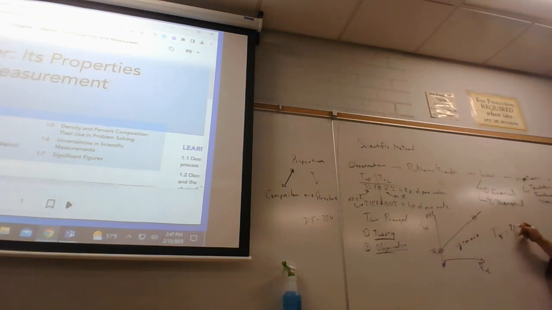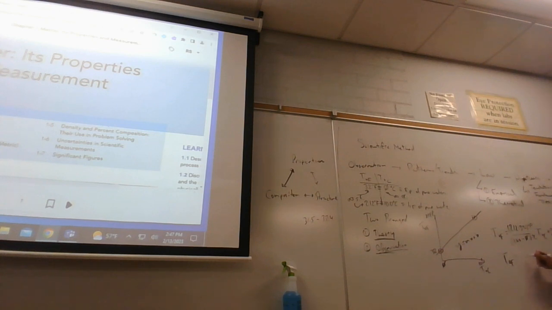So delta y will be 212 minus 32 degrees Fahrenheit over delta x. Delta x is going to be 100 minus 0 degrees Celsius. So that's my slope, times x. X is going to be the temperature in degrees Celsius plus the y-intercept. The y-intercept is going to be 32 degrees Fahrenheit. And so I come up with this equation here.